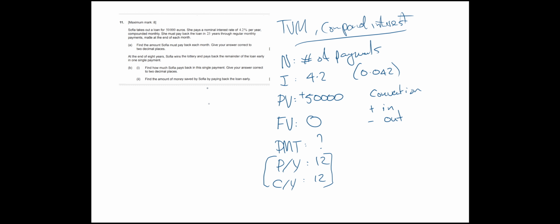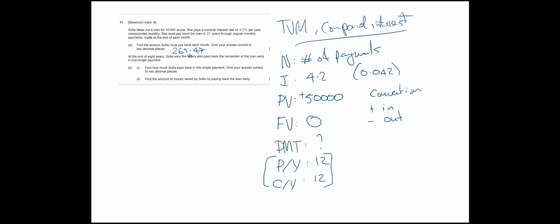So the answer for 1 is 269.47, and you have to have that as a positive number, even though it's given to you as a negative number, because you can't pay negative money, and you also have to have it only to 2 decimal places, even though the calculator will work out those other places.